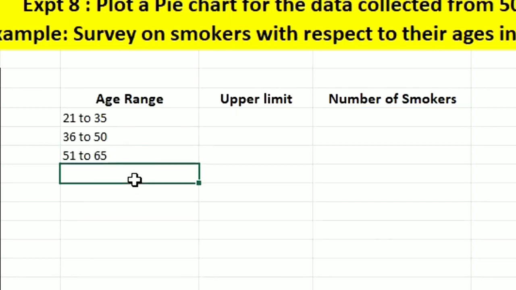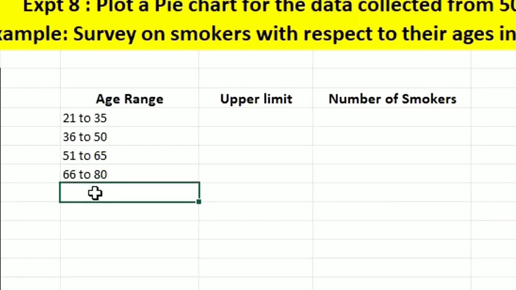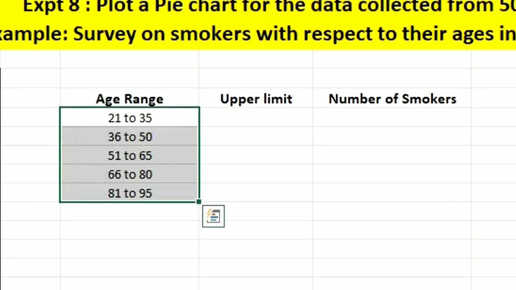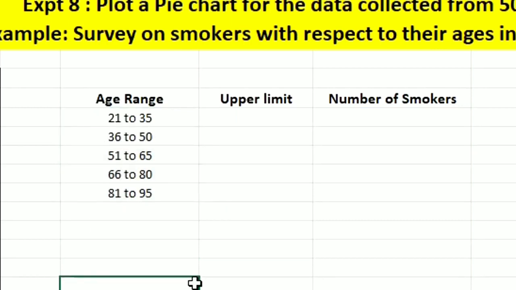The fourth range is 66 to 80. And the last range is 81 to 95. So I got the age ranges: 21 to 35, 36 to 50, 51 to 65, 66 to 80, 81 to 95.